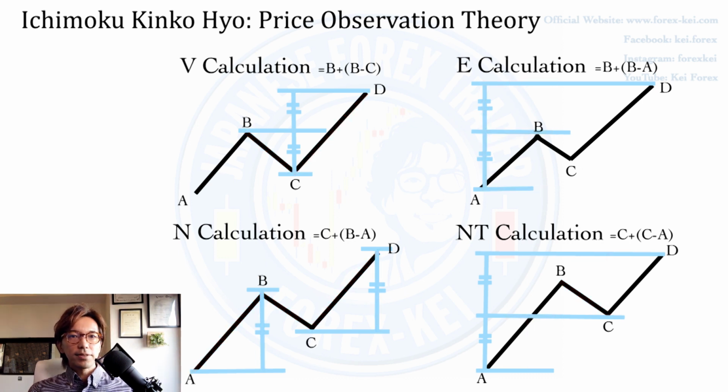Let me give you an example. If you are looking at US dollar Japanese yen and trying to calculate the target with V calculation, let's say you find the price of point A as 90 yen and point B as 95 yen, and let's say the market pulled back to 92.5 yen, which is going to be the point C. So if you apply these prices to the equation of the V calculation above, it will be 95 plus 95 minus 92.5, and it gives you 97.5, right?